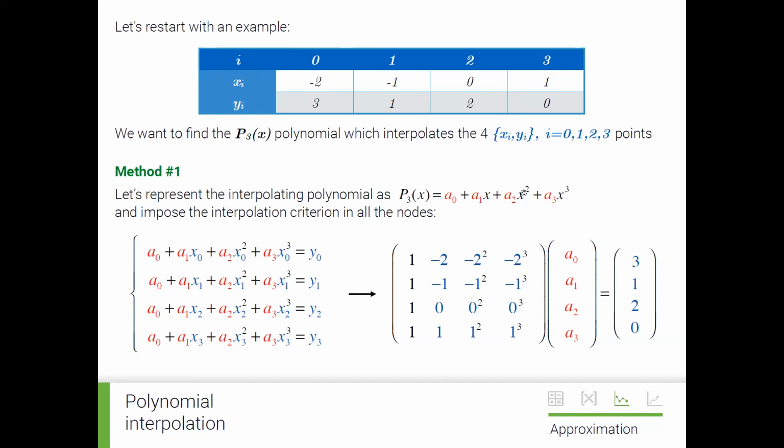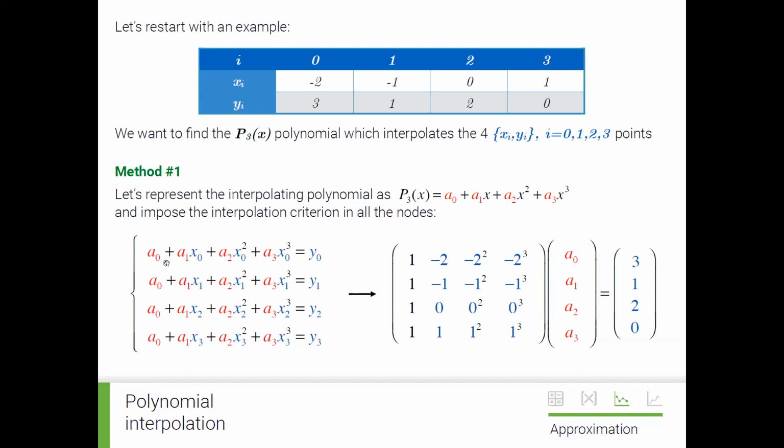If you put, instead of x, the corresponding nodes, for example, in the first case we will put x0, and we have the corresponding y0, and then x1 instead of x, and we get y1, etc. x2, we get y2, and x3 will get y3.